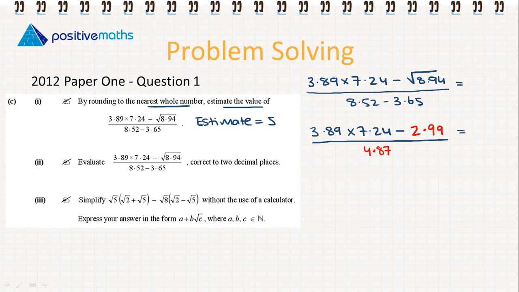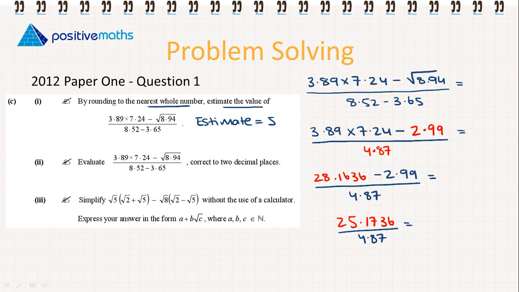Okay, the next line then. So I need to multiply before I can subtract. So 3.89 multiplied by 7.24 is going to get me 28.1636. So now I can subtract 2.99 from 28.1636 and I get 25.1736.